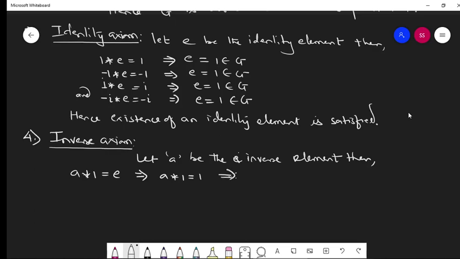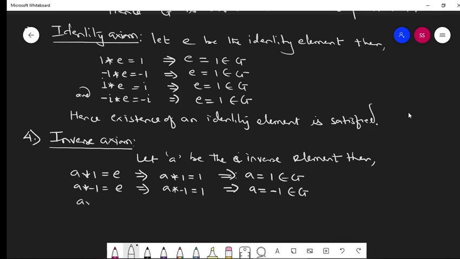This implies A equals 1, which belongs to Z, and A asterisk minus 1 equals E, that is A asterisk minus 1 equals 1. This implies A equals minus 1, which also belongs to Z.